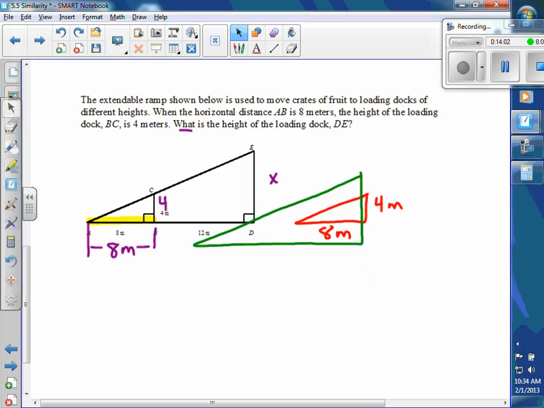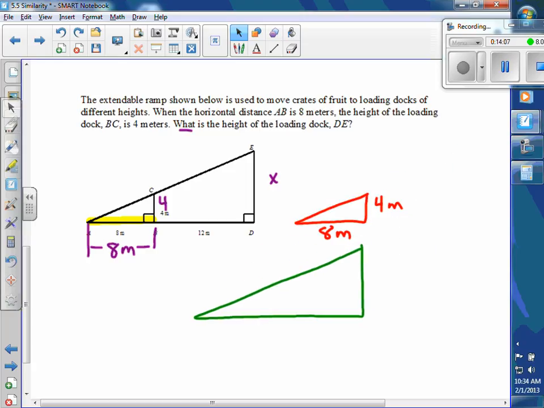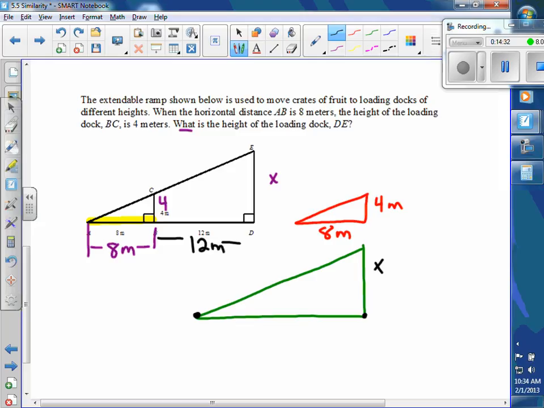The angles are the same. So whenever the angles are the same in a triangle, we know the sides should be proportional. So that's always true for triangles. So the distance from here to here is the 8 plus the 12 meters, in case that doesn't show up on the computer. So that's 20 meters.